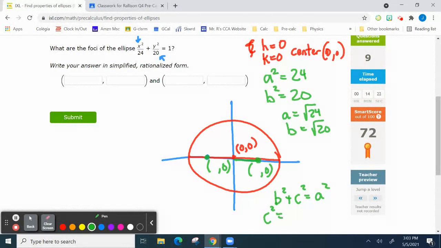They gave us A squared and B squared because that's in the formula, right? So we're just going to put those numbers in. So C squared equals 24 plus 20. So C squared equals 44, which means C equals the square root of 44. Well, that's not very nice, is it?